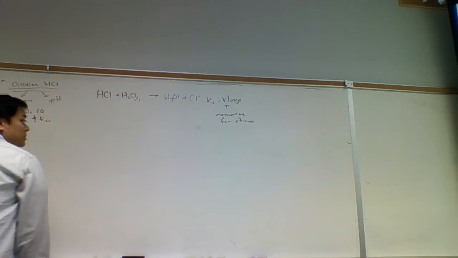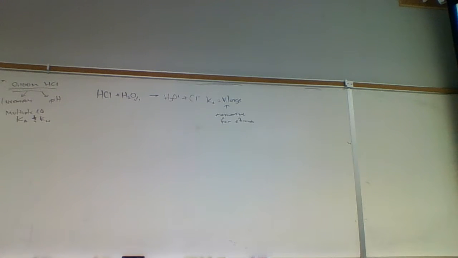Not just strong acids, but strong bases. There's an equivalent term called Kb, which is base hydrolysis, and Kb is going to be very large. Even soluble salts. So when we see a K value that's very large, literally, we're going to assume complete reaction.